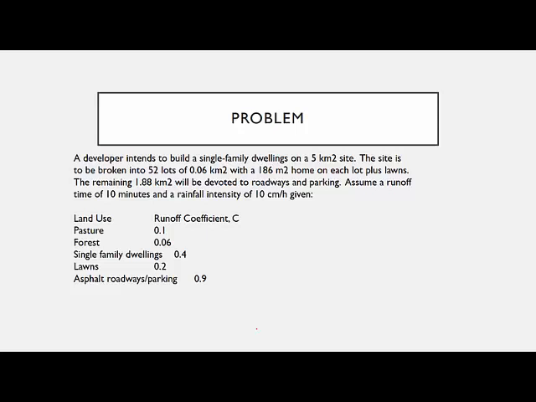So make sure that you correctly do a sketch of this subdivision that we have, so that you know exactly how to calculate that compound coefficient of runoff, like I mentioned at the beginning. So good luck.